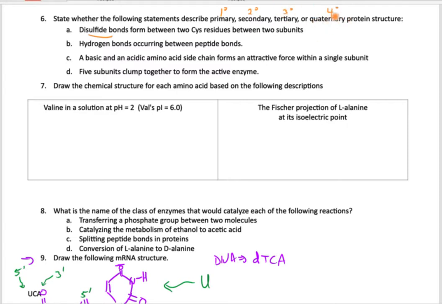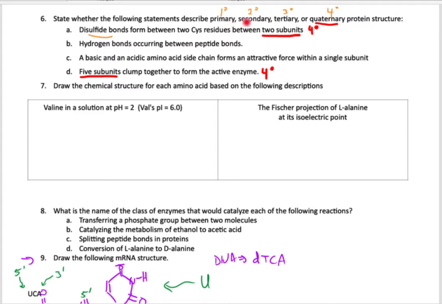First off, let's look for the quaternary ones, because what you're always looking for in this kind of interaction is some description of a multi-subunit protein. So 5 subunits versus a single subunit versus 2 subunits. If you have 2 or more subunits, in some ways it doesn't matter the rest of the description. It's going to be referring to one of these quaternary interactions.